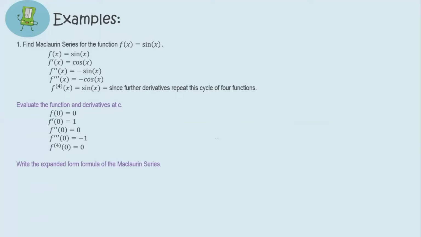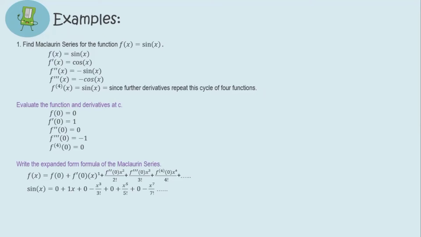Next, write the expanded form formula of the Maclaurin series, which is f of x is equal to f of 0 plus f prime of 0 times x plus f to the power of 2 of 0 times x squared over 2 factorial plus f to the power of 3 of 0 times x cubed over 3 factorial plus f to the power of 4 of 0 times x to the power of 4 over 4 factorial plus so on.